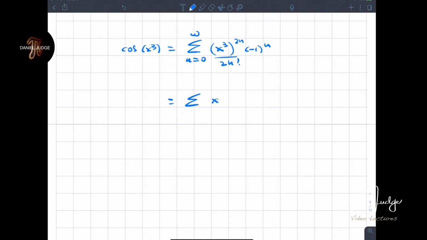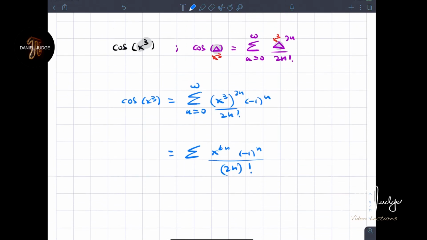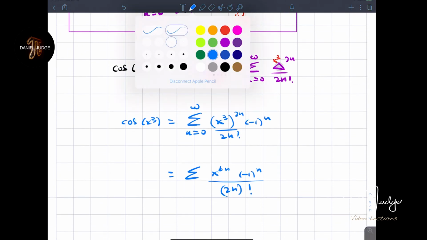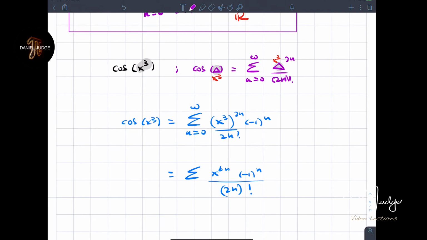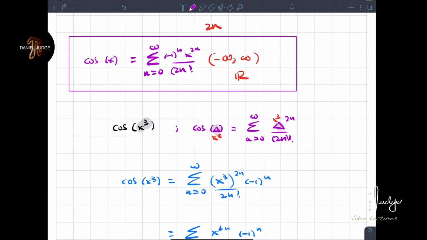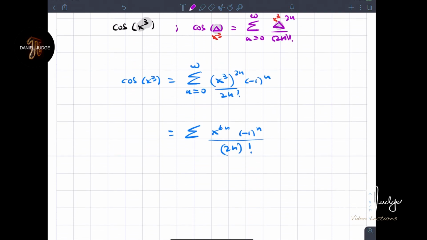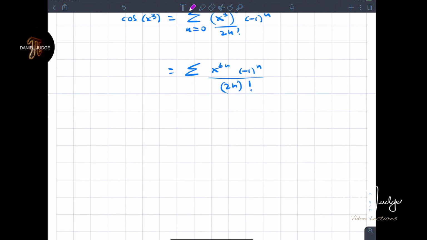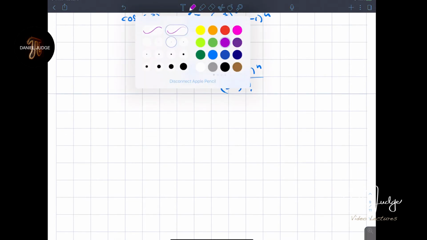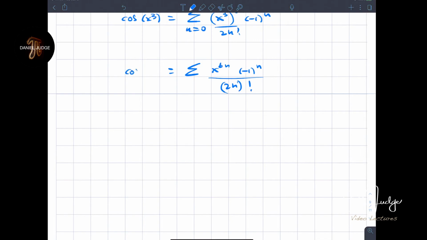And it's really x^(6n) now with (-1)^n over that (2n) factorial. Let's put that in parentheses, because as you're reading it, it's kind of incorrect. You need to put that 2n in parentheses. Okay. And that's how you handle cosine x to the third.